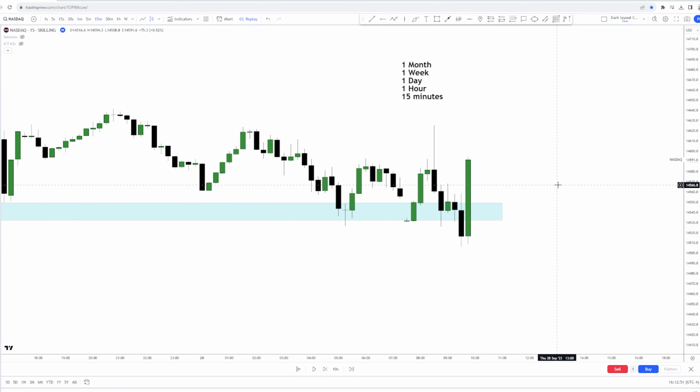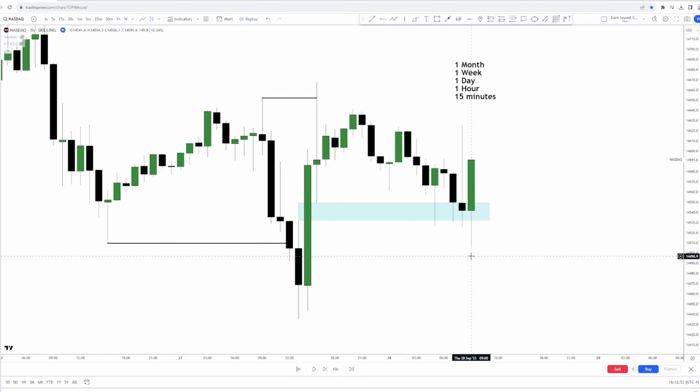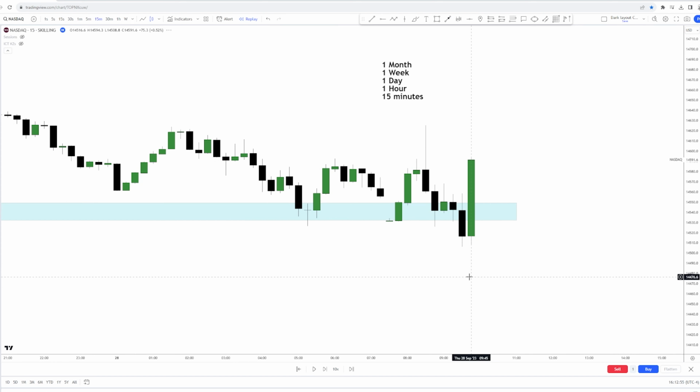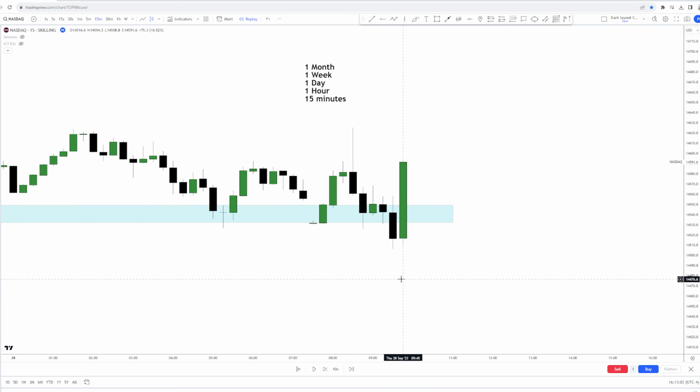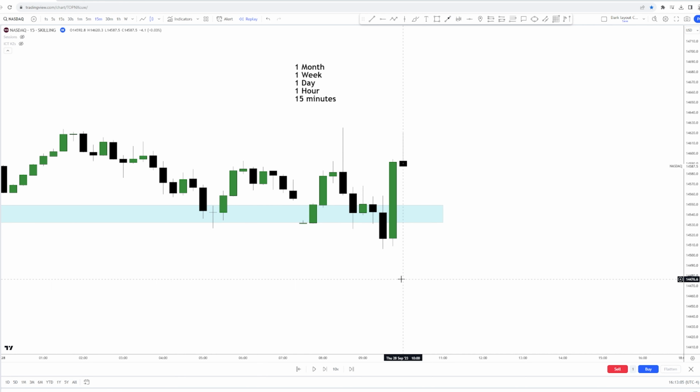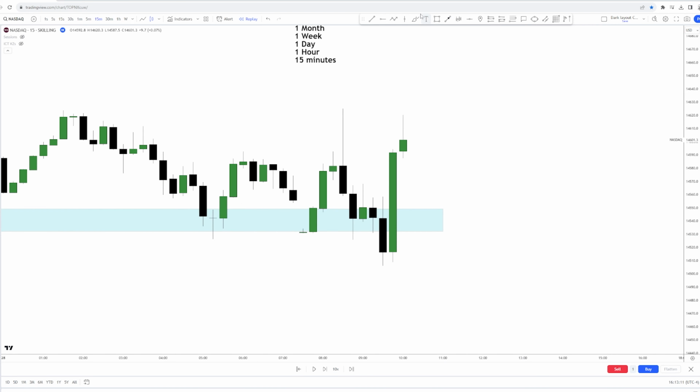Now, after those rejections have taken place on the 1 hour time frame, you can see this hour needs another 15 minutes to close. You see down on the clock, we are at 9:45. Let's wait for this hour to close, which means that the hourly candlestick has now closed.